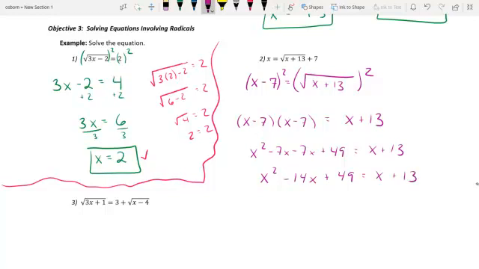At this point, I want to set this quadratic equal to 0 so that I can factor it out and solve. So I'm going to subtract x from both sides, and I'm going to subtract 13 from both sides. That gives me x squared minus 15x plus 36 is equal to 0.